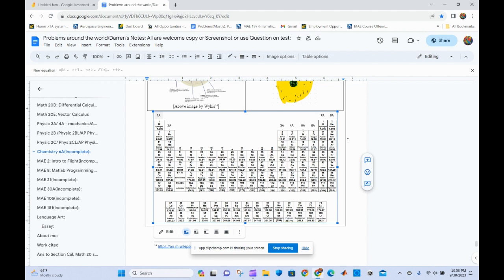But the basic idea is the average amount, the average is one proton basically. That's kind of how it goes. The 6.022 times 10 to the 23 tells you the amount of atoms in there.